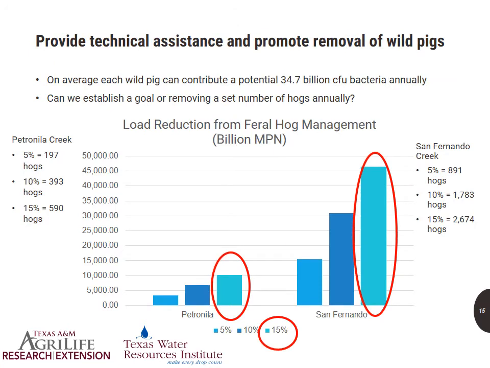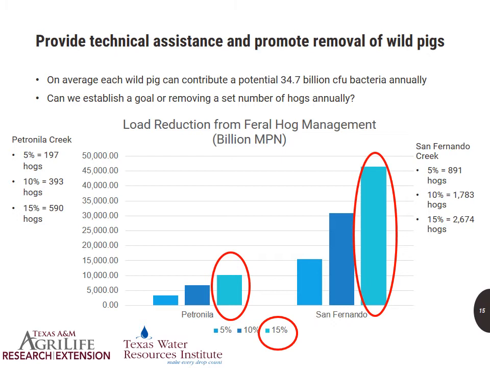For the technical assistance to promote the removal of wild pigs, we're hoping that we can help reduce some of that wild pig population within the watershed. So we wanted to think of what could be a manageable percent reduction that we could see annually. So you'll see on the left is the estimate of feral hogs in Petronila, and the right is in San Fernando.